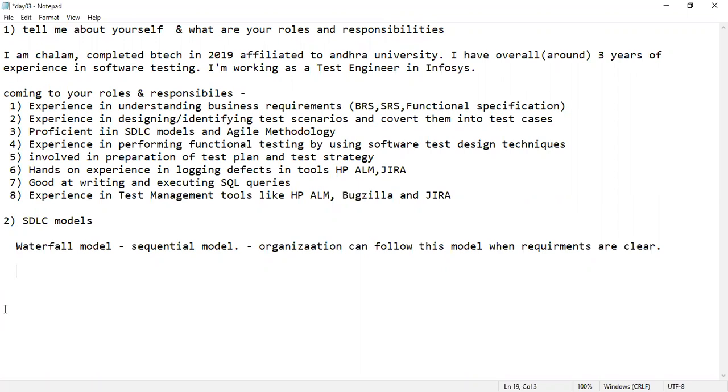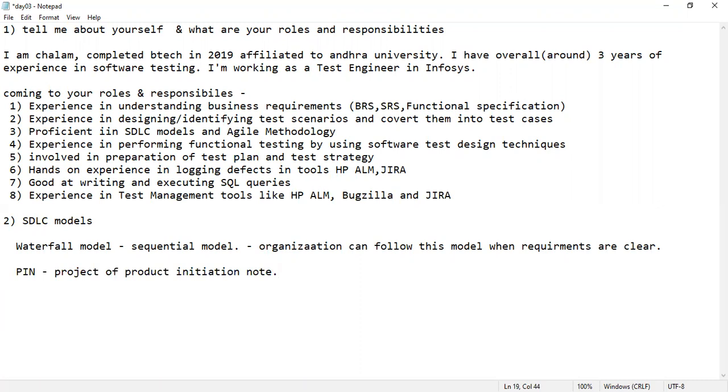The project manager is responsible to gather the overall plan of the project, the PIN. PIN is nothing but project initiation note.